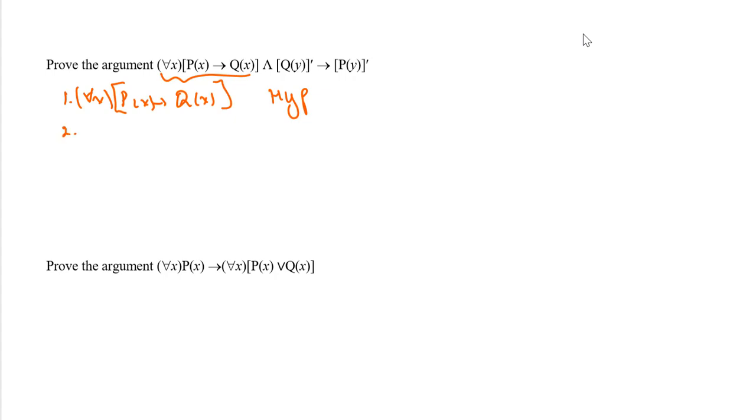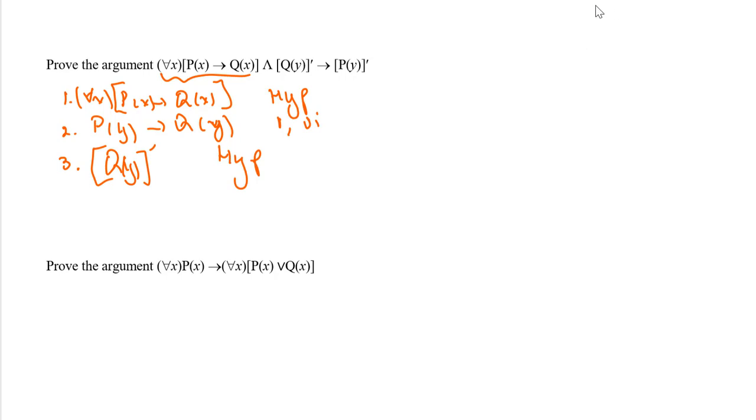Number 2, I don't have there exists, so I'm going to right away set this variable as y. So I could say p of y implies q of y. And so what I'm doing, I'm taking 1 and using universal instantiation. And I have another hypothesis, which is not q of y naught.